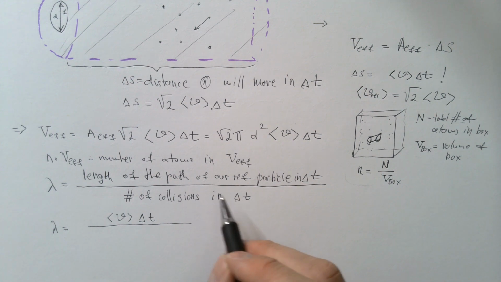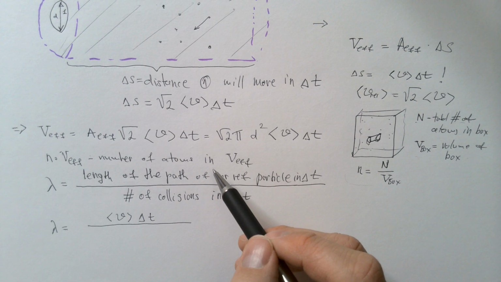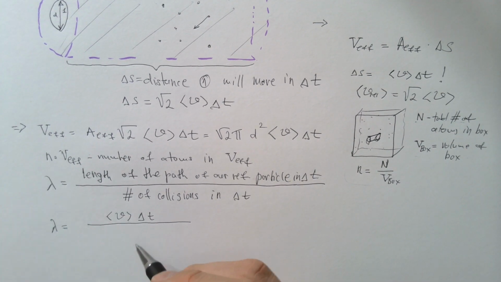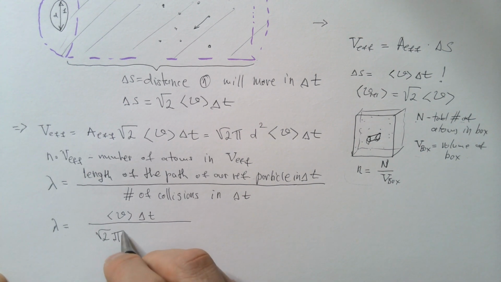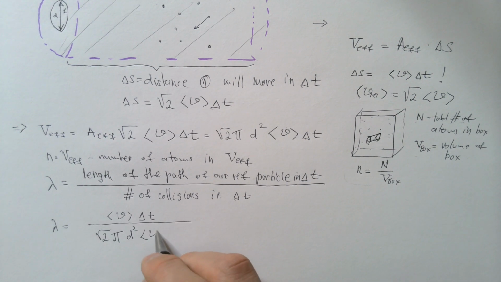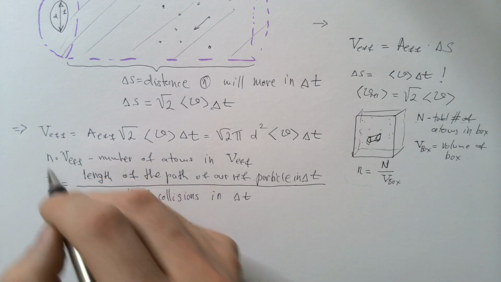Well, it will collide with all these atoms that are in this effective volume. And I have this many atoms in my effective volume. And that is square root of 2 times pi times d squared times mean speed times delta t and times this n.